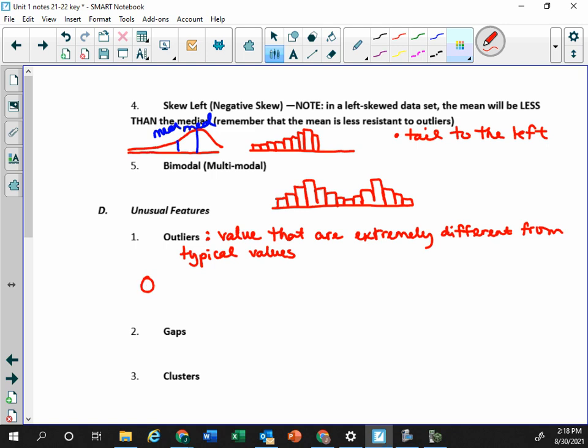So Q1 minus 1.5 times the IQR, or Q3 plus 1.5 times the IQR.